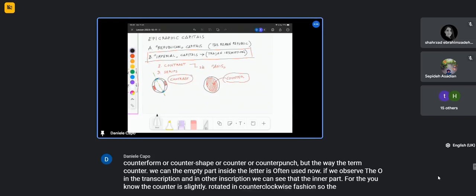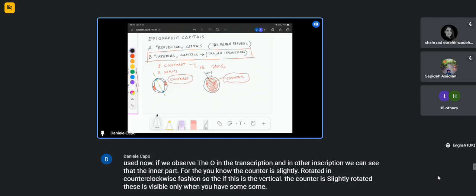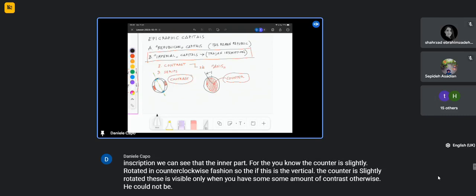So if this is the vertical, the counter is slightly rotated. This is visible only when you have some amount of contrast. Otherwise, it could not be appreciated.